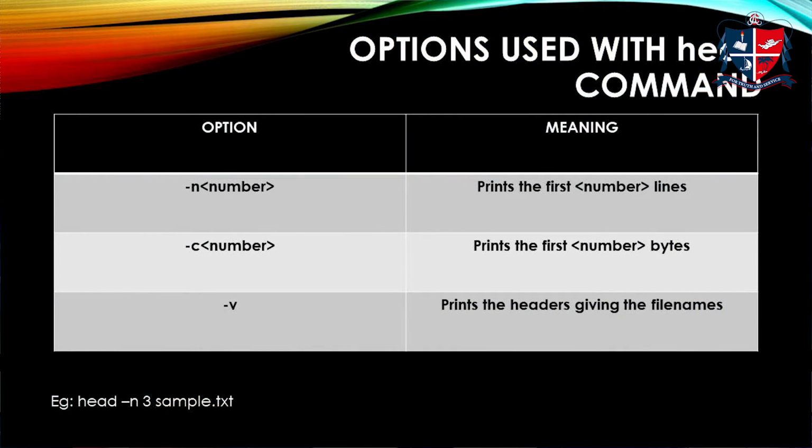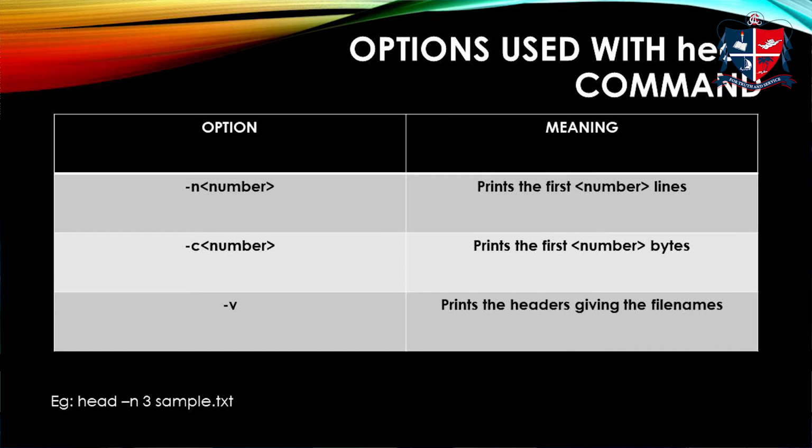The first option used with the head command is minus n. Along with that, we can specify a number, and it will print that specified number of lines. If the number specified is 15, then the first 15 lines will be printed.